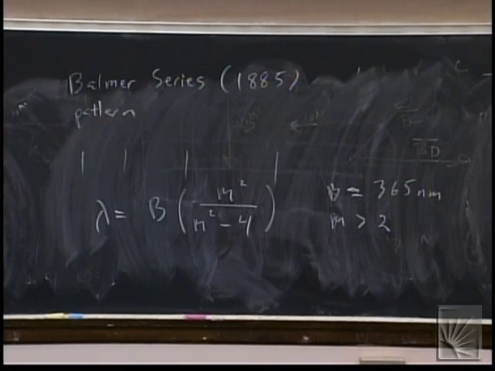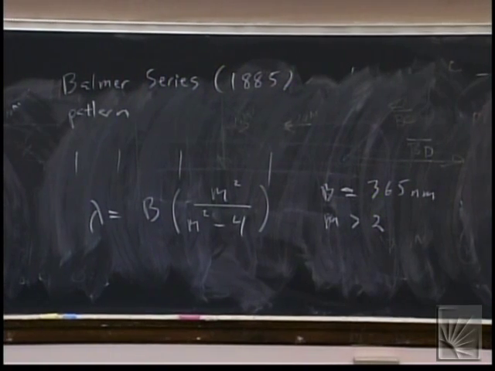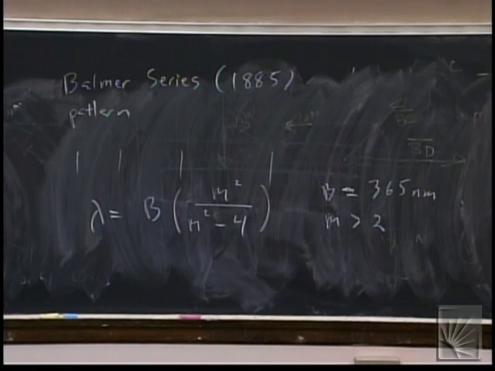Okay, that's the Balmer formula, which he didn't have any sort of physical basis for. He just noticed a pattern in these observations and figured out a formula that fit them.